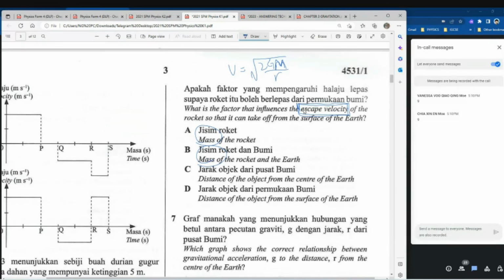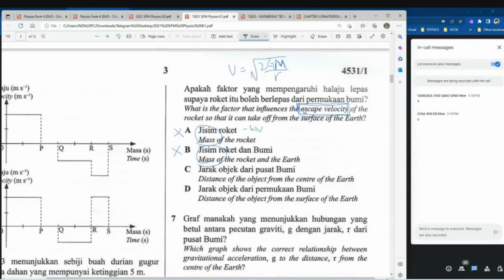In this case, we only have one mass, so it doesn't have two masses. So when an option says the mass of the rocket and the Earth, it means this is a wrong answer. The mass of the rocket, we KIV first. But if you know that a capital M means the mass of the Earth, and you're sure of that, this one is also cancelled.